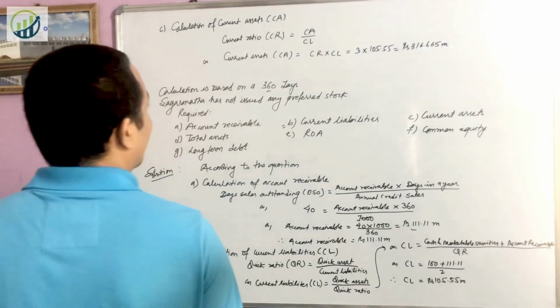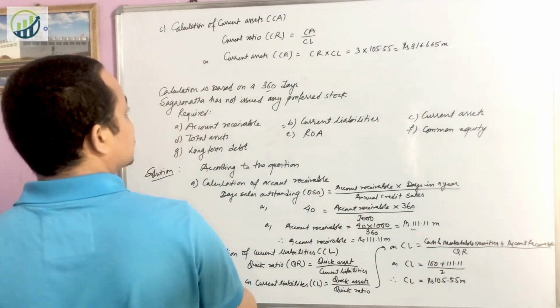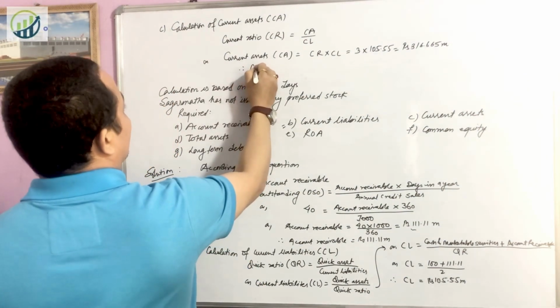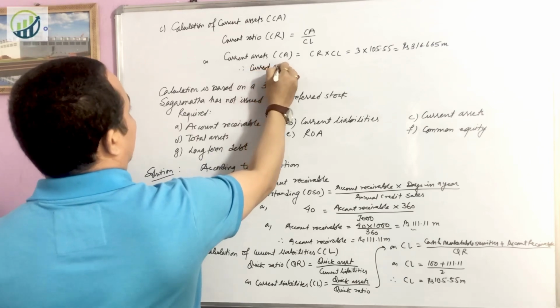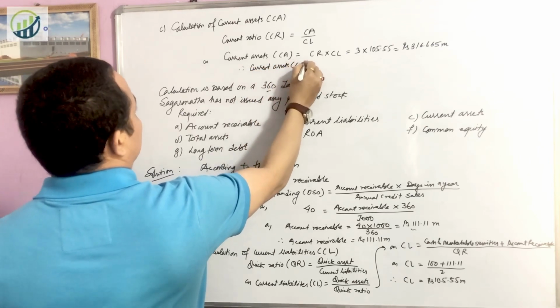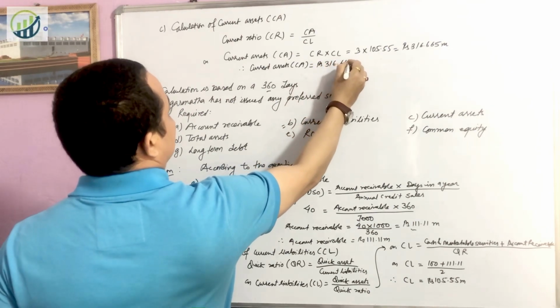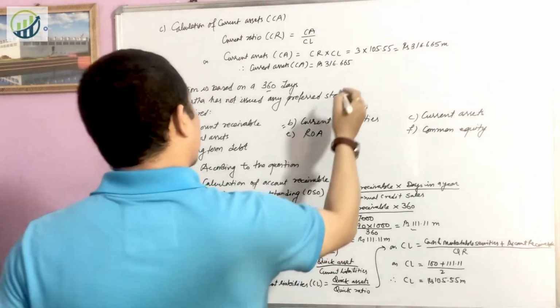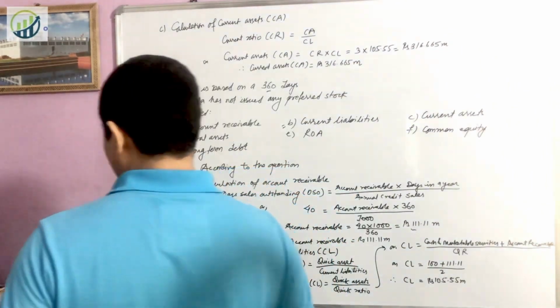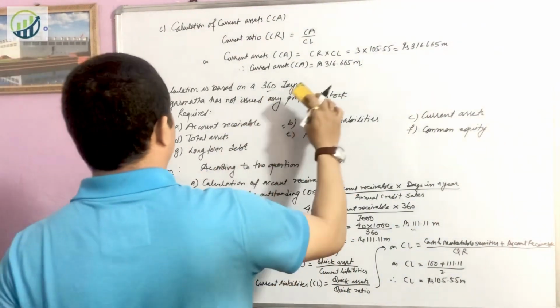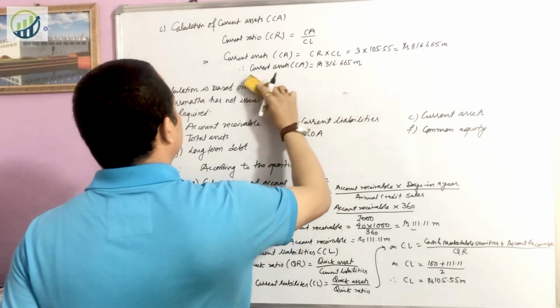So this is the current asset. Therefore current assets CA is rupees 316.665 million.